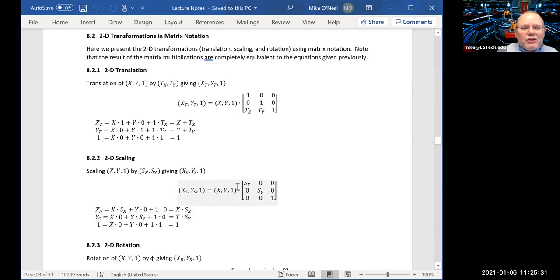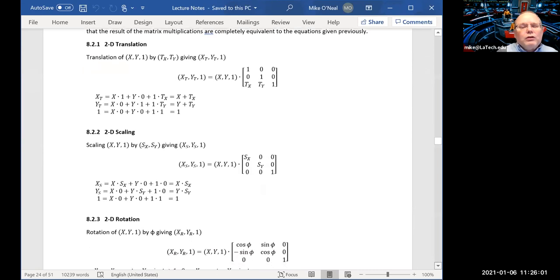But if you do the math, if you multiply this 1 by 3 times this 3 by 3, you'll get this 1 by 3 over here. And if you look at what you did, exactly the same math gives you X scaled is X times S of X, because X times S of X plus Y times 0 plus 1 times 0. That's how it works out. So you haven't changed anything.